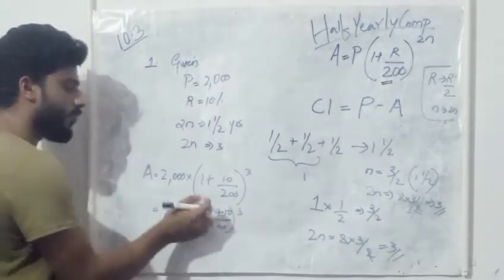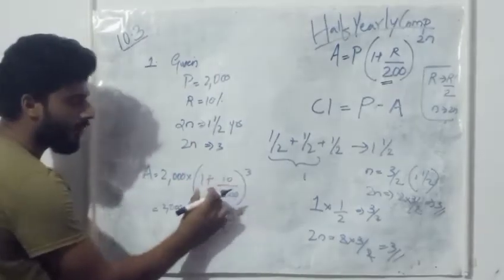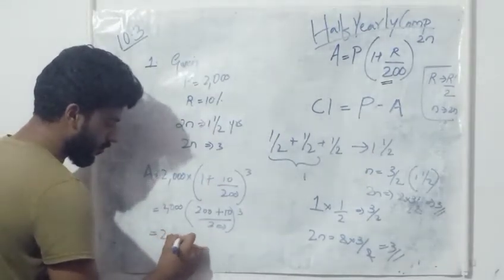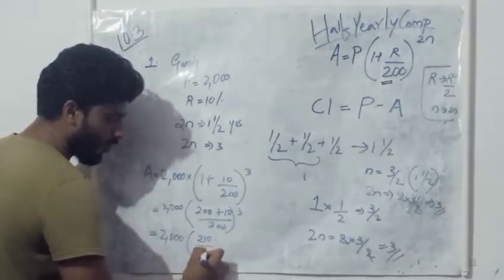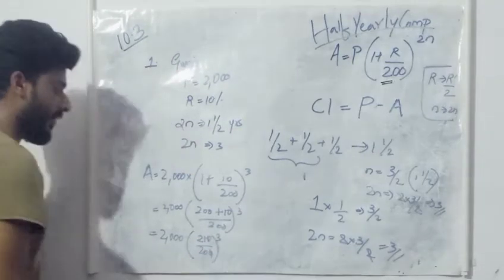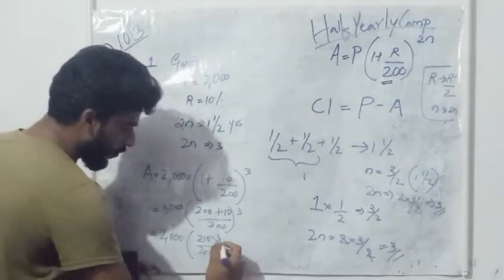Cross multiplying, 200 plus 10, 210 divided by 200. That will be 2000 into 210 divided by 200 whole cube. 0 and 0 get cancelled, 21 by 20.